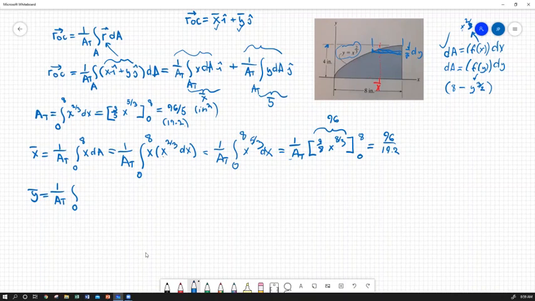So I'm going to integrate from 0 to 4 inches, y dA, and this time dA is going to look like this: 8 minus y to the 3/2 dy.